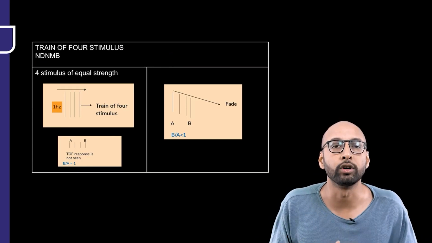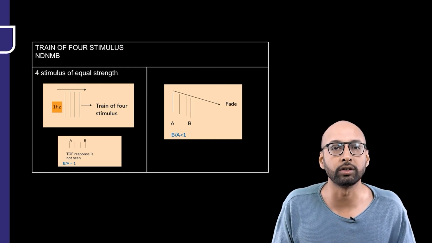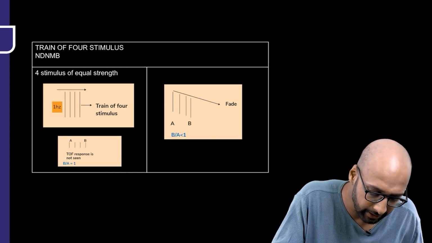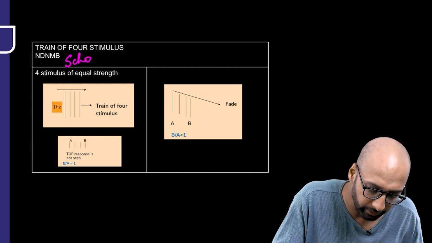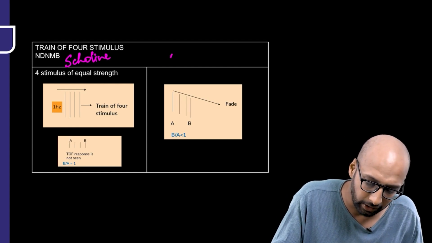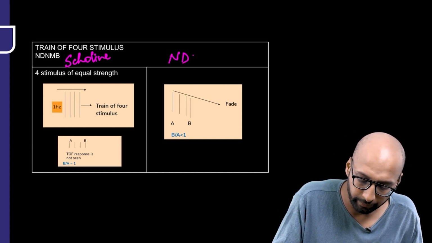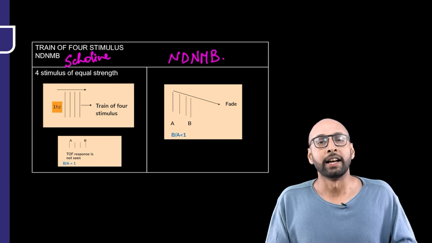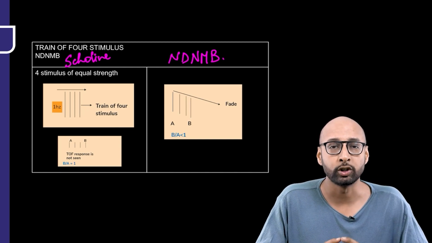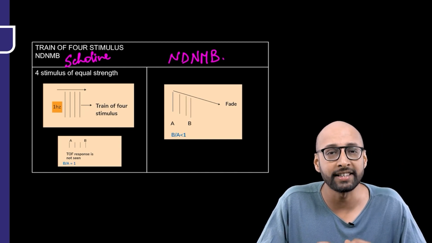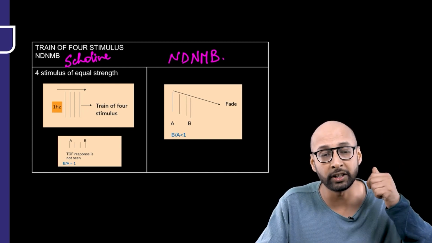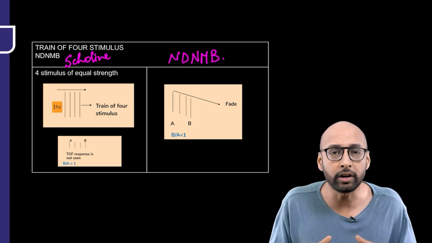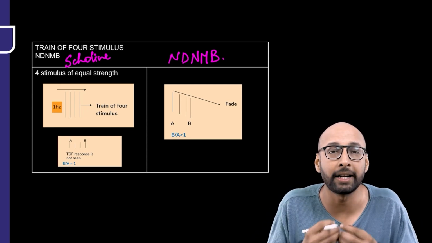The train of 4 stimulus. Now guys, this is scoline and these are non-depolarizing neuromuscular blockers. When you are giving scoline to a patient, when you just inject the drug, the majority of the drug is metabolized very soon.